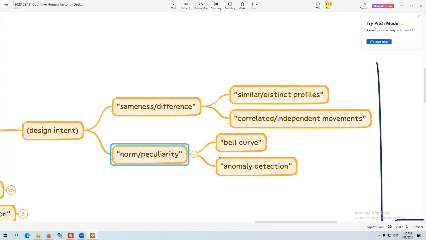For example, if I look at all your transactions using apps or something like that, everybody would have a similar kind of pattern, and all the days would be kind of similar. But somehow, let's say on the 27th of last month, you have an extremely outstanding number of transactions.